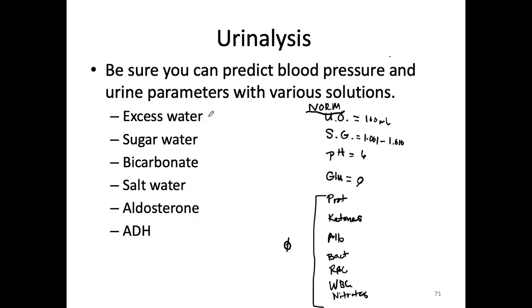Then I would have some people drink excess water, so 500 mils of water, or 500 mils of sugar water, or 500 mils of bicarbonate, which is a buffer, but excess bicarbonate is going to increase the pH of the bloodstream to 8. Okay, so that's going to affect your pH of your bloodstream. So you're going to hold on to protons, right? Salt water is going to dehydrate you, aldosterone and ADH.